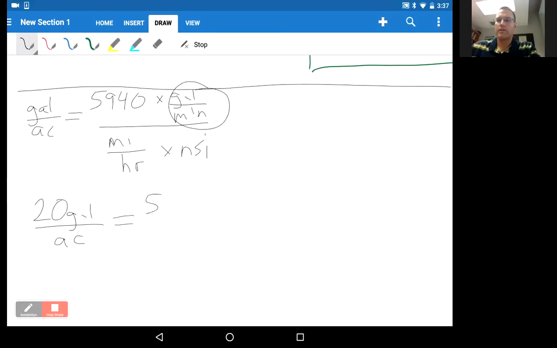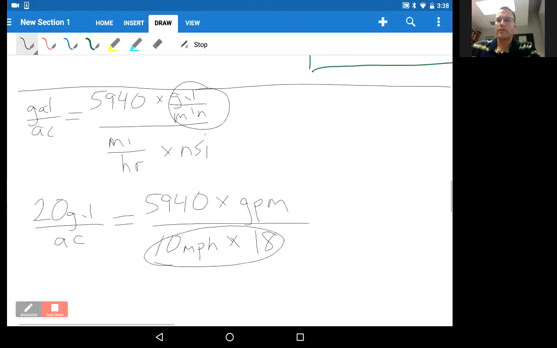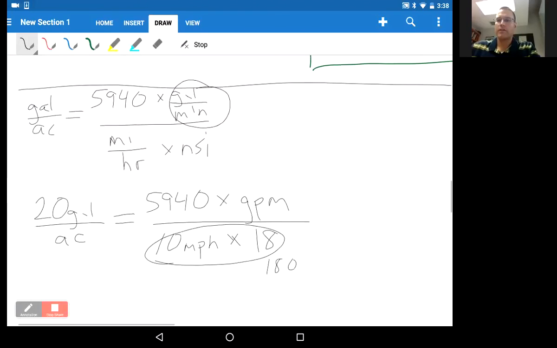Equals 5940 times, this is our gallons per minute, so I'm just going to call this GPM, over miles per hour, so we're going 10 miles an hour, and MPH times nozzle spacing, which is 60 nozzles at 18 inches. So this has to be an 18. So this down here equals 180. We can see that right now.